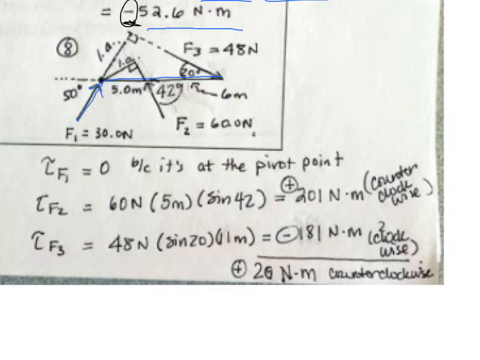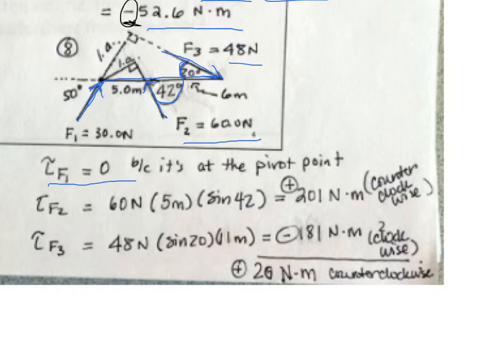Well, we know that's going to produce no torque. I have force 2 of 60 newtons. I'm applying that one right there, at 42 degrees. And then I've got force 3, 48 newtons at a 20 degree angle in that way. We're going to take each of them separately. Force 1 will produce no torque because it's right at the pivot point.